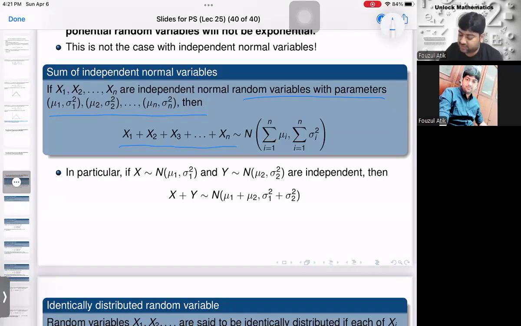So if X1, X2, ..., Xn are independent normal random variables, their sum is again a normal random variable. In particular, if we take two independent normal random variables X and Y, their sum is a normal random variable with parameters mu1 plus mu2, comma, sigma1 squared plus sigma2 squared.